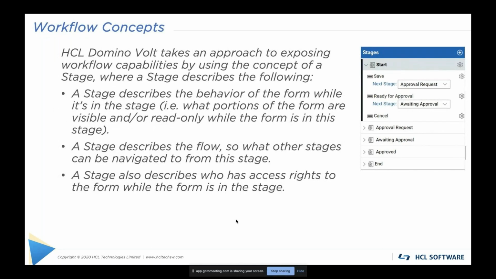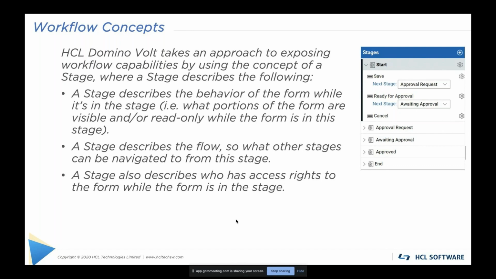So at a very high level, workflow within Vault is done within the stages section, if you've been in there so far. A stage is best defined as a state in which the Vault application is at a certain point in time. The easiest way I convey this to customers is to think of when you draw out a workflow diagram: each of the boxes is a stage, and the flow between them are the arrows or lines that say, based on this action, it goes to this different stage.